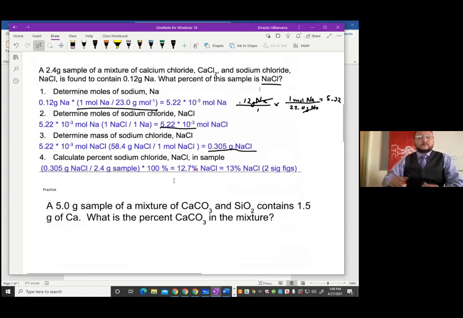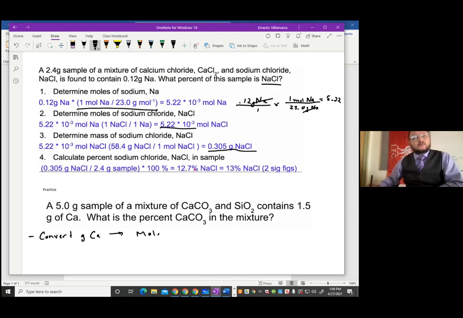Okay, here's our practice. A 5.0 gram sample mixture of calcium carbonate and silicon dioxide contains 1.5 grams of calcium. What is the percent of calcium carbonate in the mixture? We're going to do pretty much the exact same thing. So we're going to convert grams calcium to moles, and you'll see why all this means in just a second.